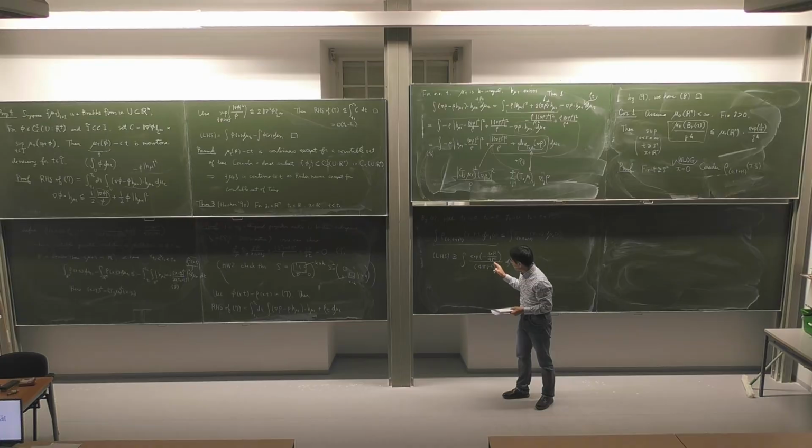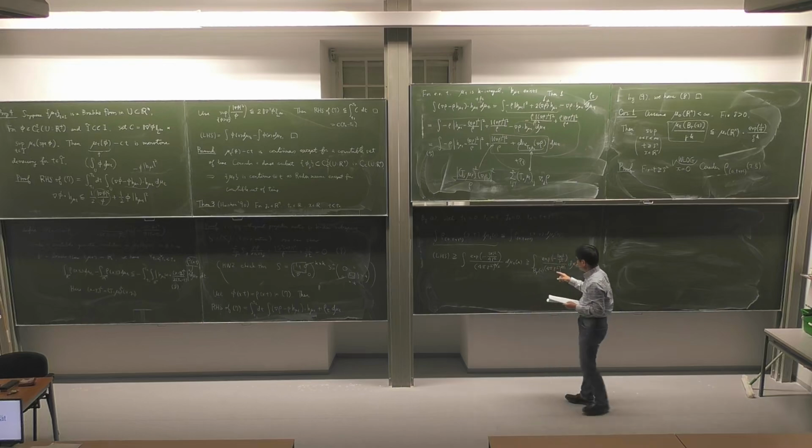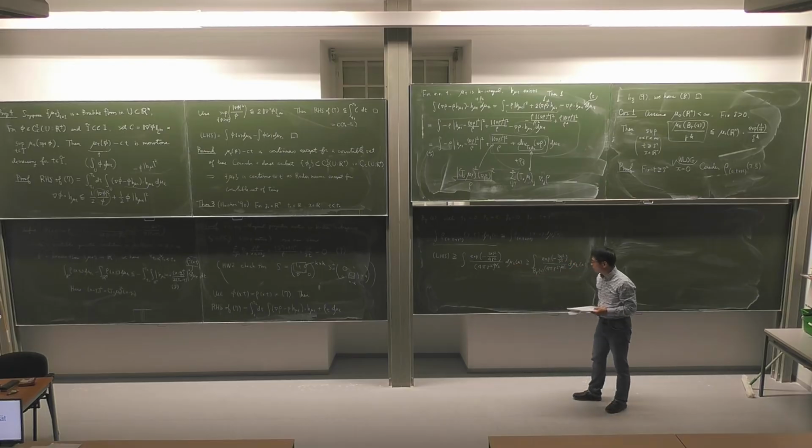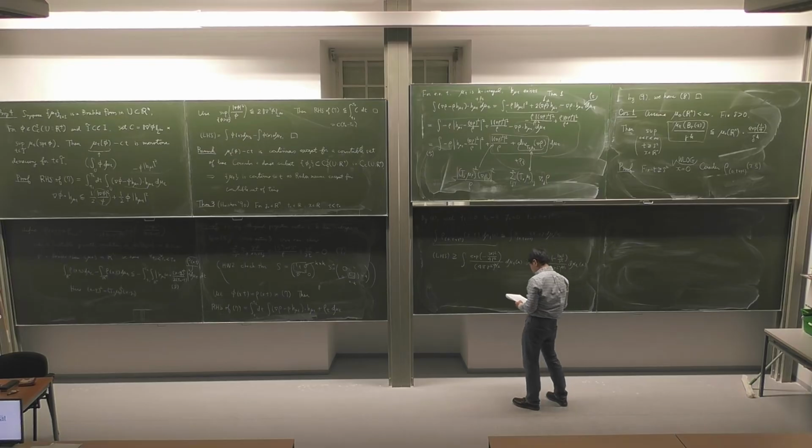So you have only r squared here, and you just restrict this to the ball of radius r at the origin. Because this is a positive function, you can restrict it to the ball with radius r, and it's just smaller.